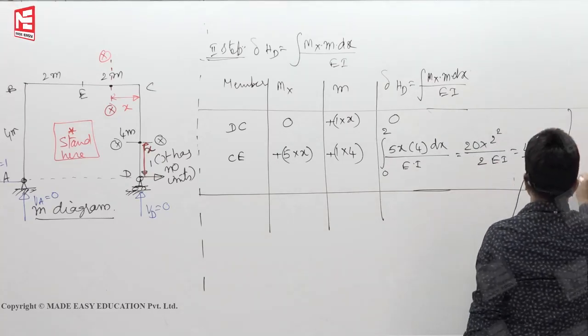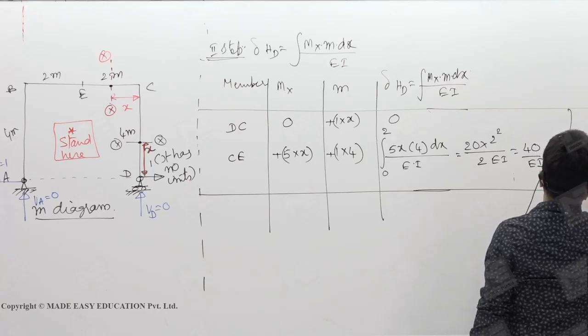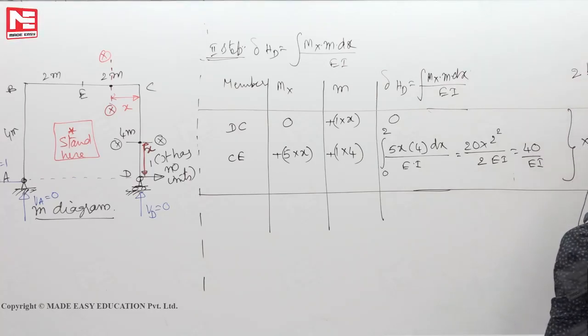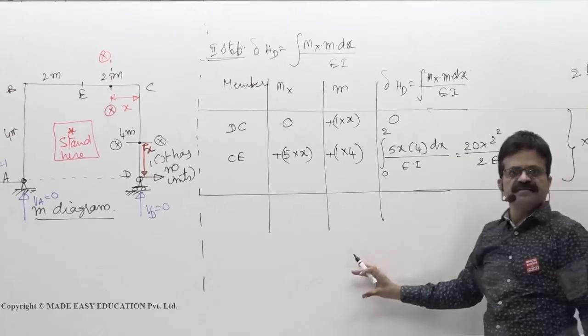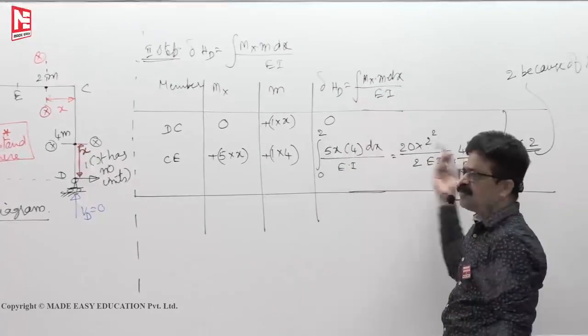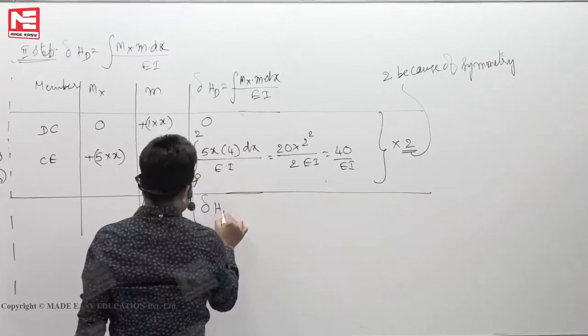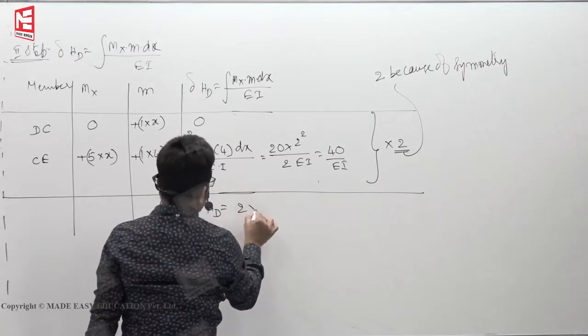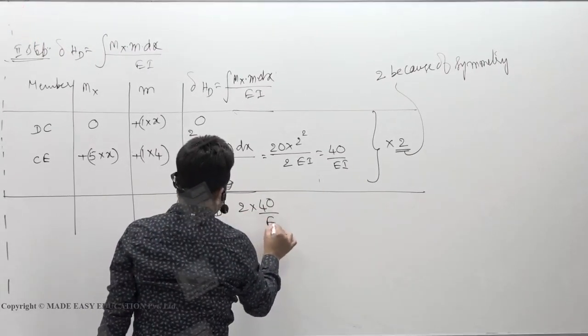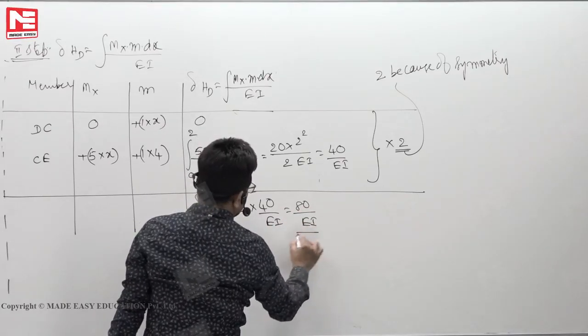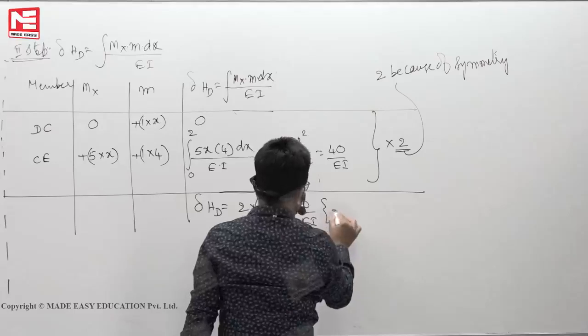This entire thing we multiply by 2 because of symmetry. Instead of writing the same lines once again and wasting time, just multiply by 2. So delta HD, the horizontal displacement at D, is 2 into 40 by EI, 80 by EI. Here a positive sign you get.